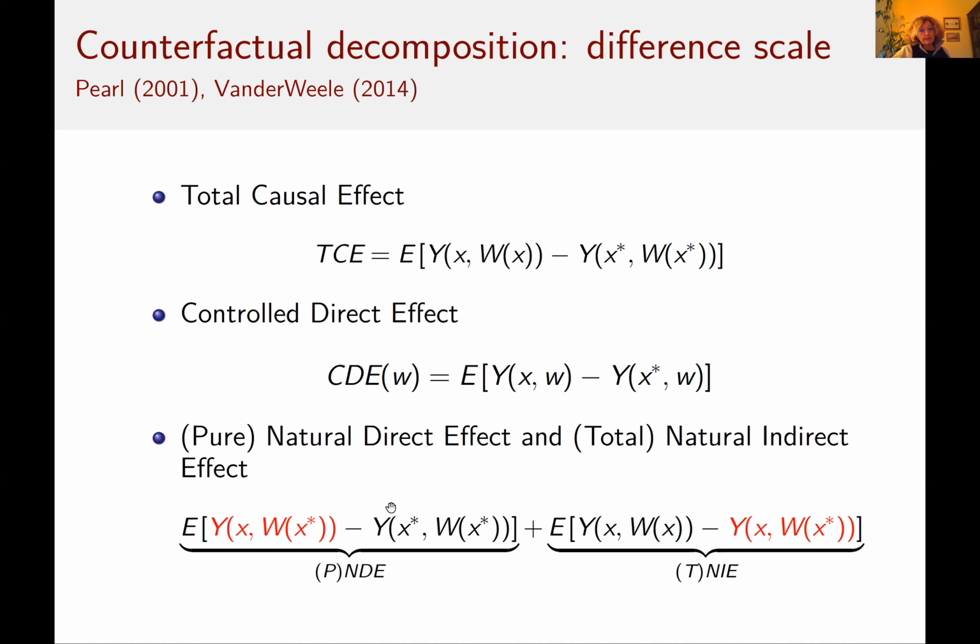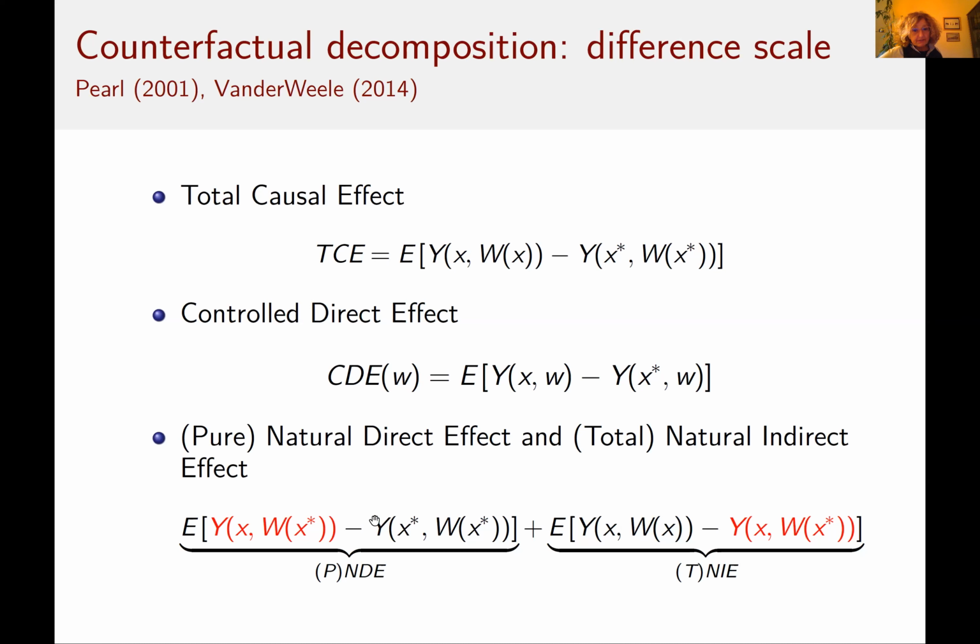The pure natural direct effect: we now decompose the total causal effect by introducing these entities in red, which are a nested counterfactual, the potential outcome of Y when X is set to x, but the mediator is free to vary and to take its natural value if the exposure is set to x star.